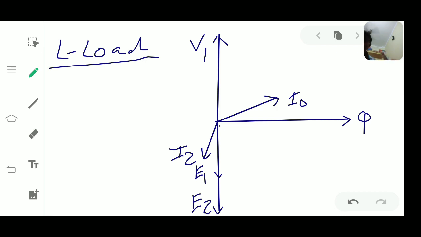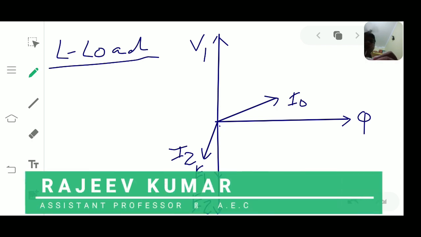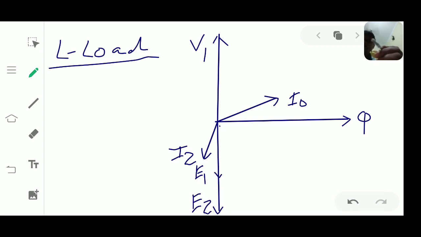Now we will draw I2 dash. I2 dash is always opposite to I2, in opposite phase. So I2 dash will be just opposite to this I2.